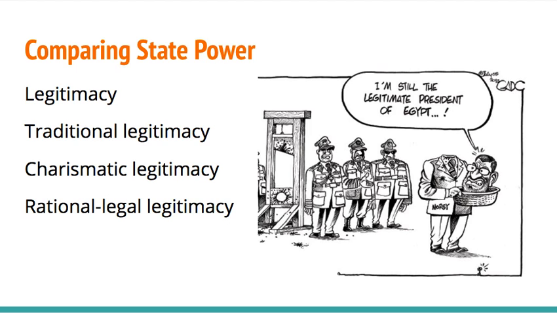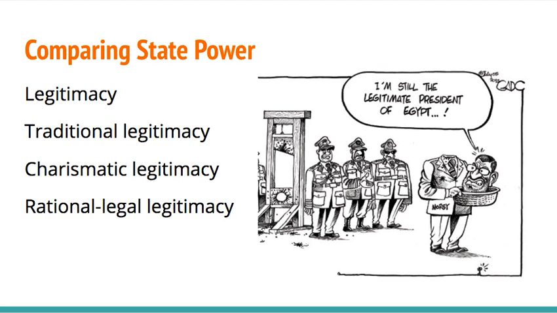He was elected by the popular vote, then it was solidified by the Electoral College. He was then inaugurated, where, for example, he was sworn in by the Chief Justice of the U.S. Supreme Court. He has given speeches to Congress. We all act like he's in charge because we have this rational legal legitimacy that we have in the United States.